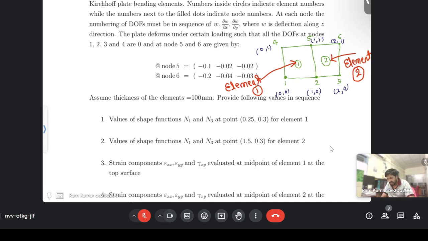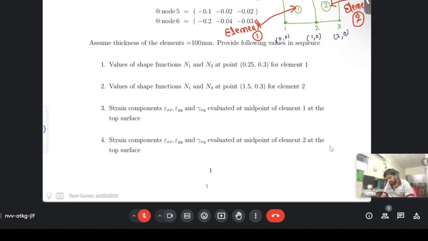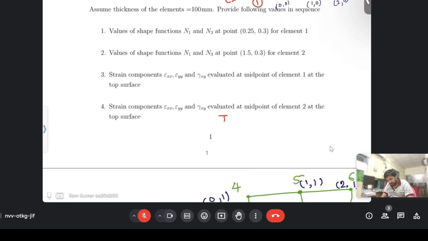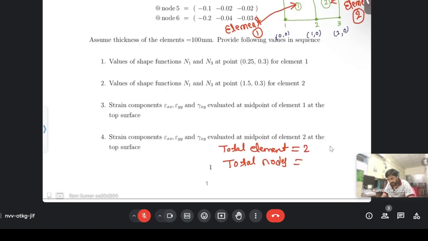So how many total elements are we having? 2 elements. Total nodes equal to 6.